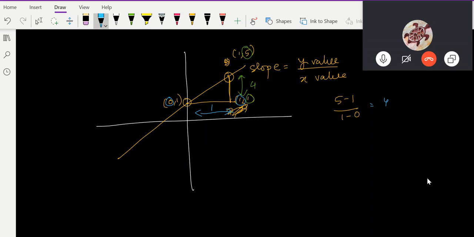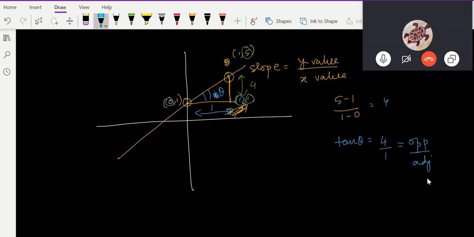And as you can see, this also means that this is the tan of this angle. If this angle is theta, then tan of theta is equal to 4 by 1, correct? Opposite by adjacent.